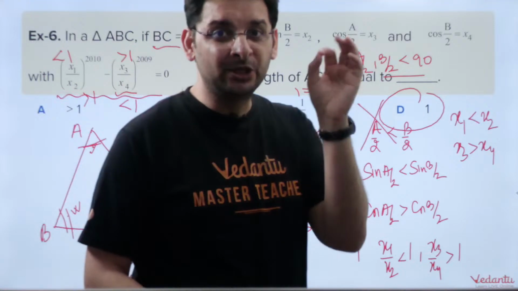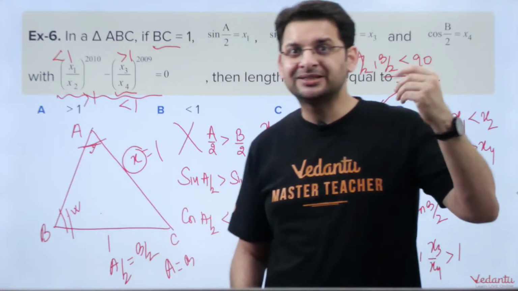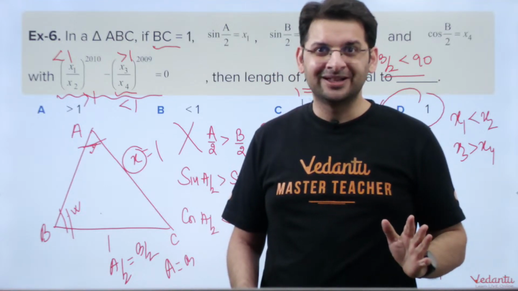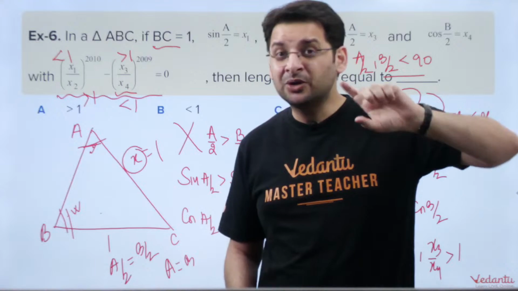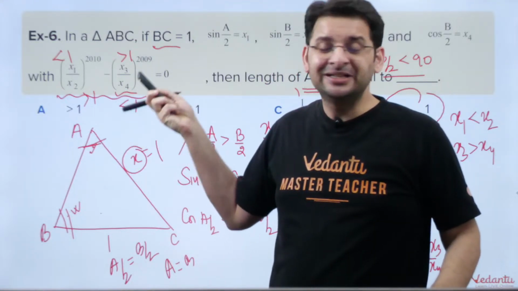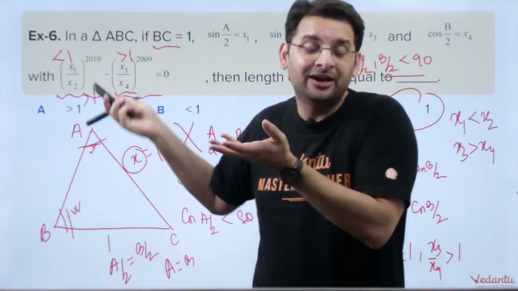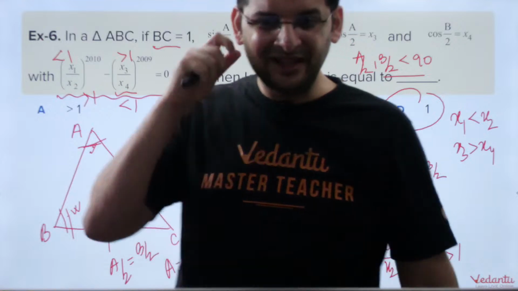Whenever there are difficult looking expressions in the question, most likely the question has no real difficulty. To make the question difficult looking, they introduce this. Otherwise there's no need of it. Are you getting this?